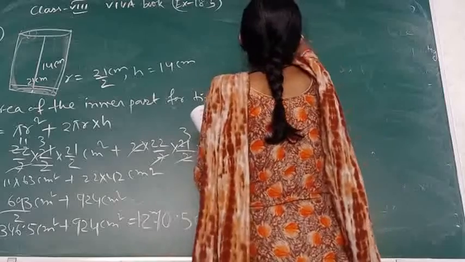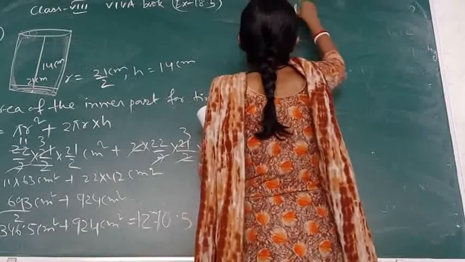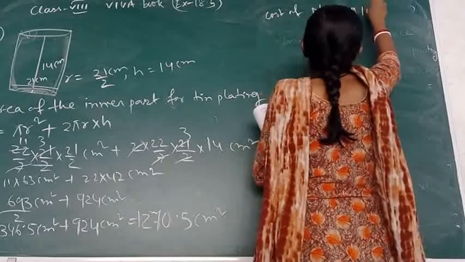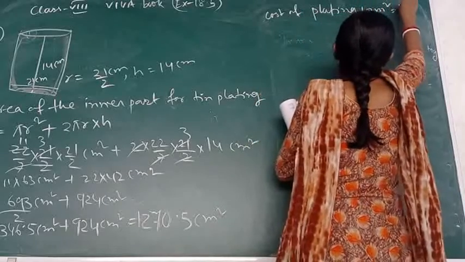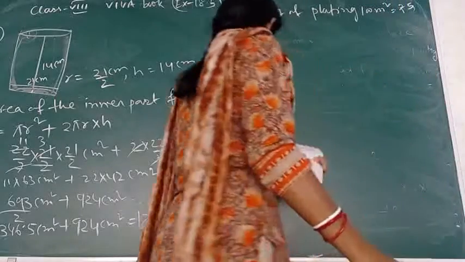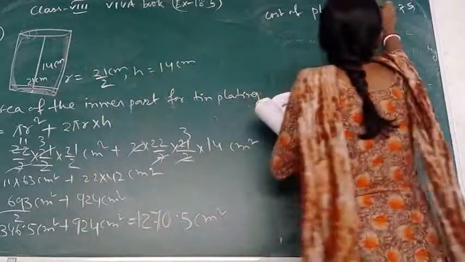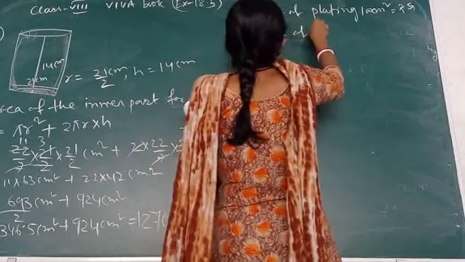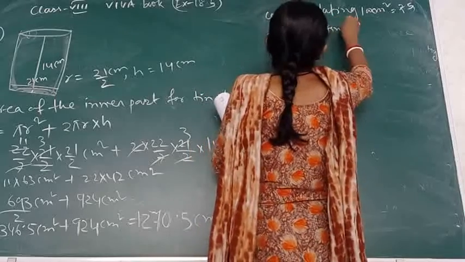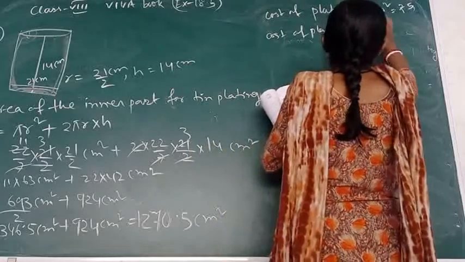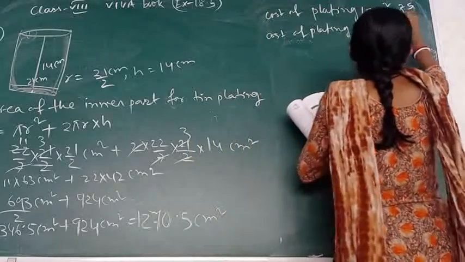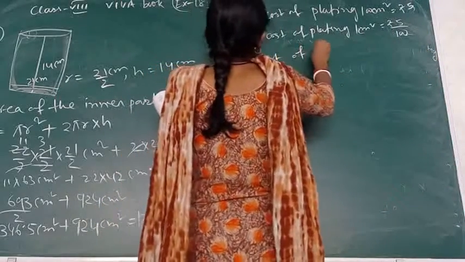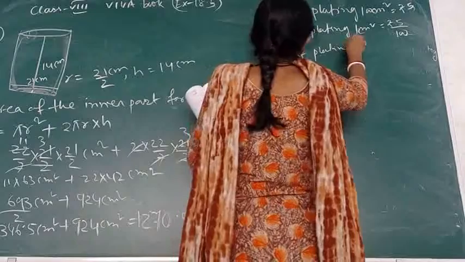So cost of plating 100 centimeter square equals rupees 5. It is centimeter square, not meter square. So cost of plating 1 centimeter square equals rupees 5 by 100.